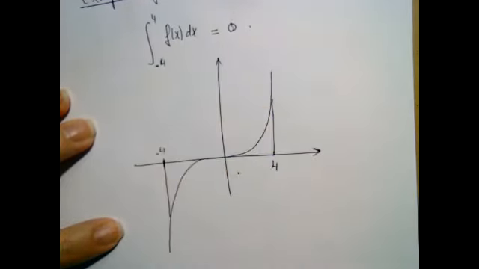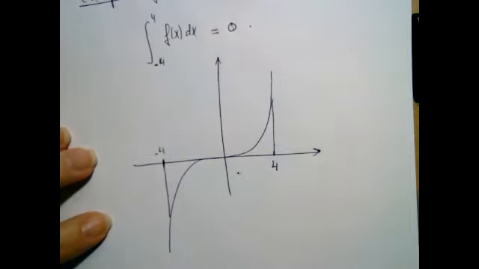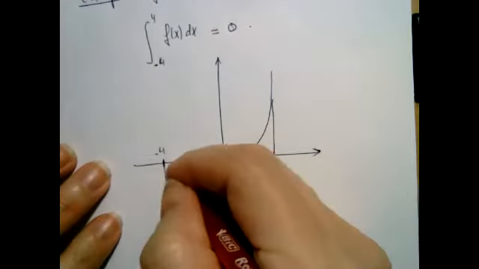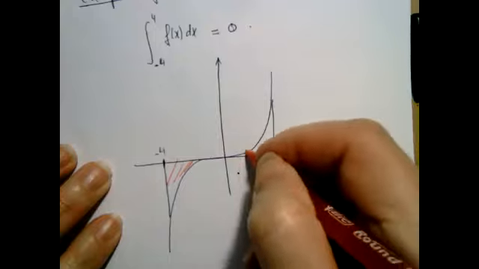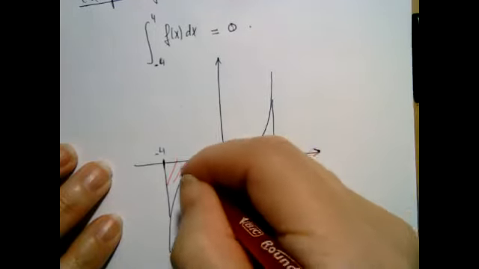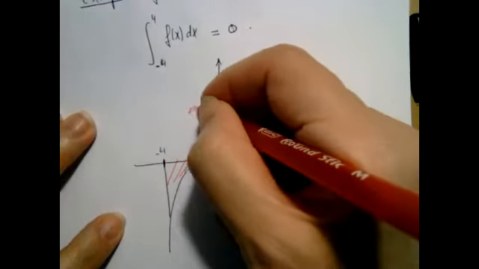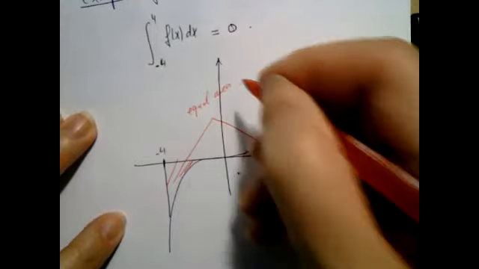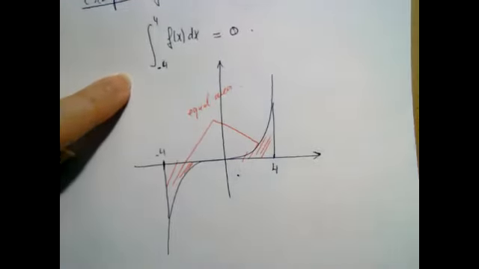Now we know x cube is symmetric. Okay, x cube definitely has a symmetry. It means this area and this area are equal areas. And now what does the integral represent?